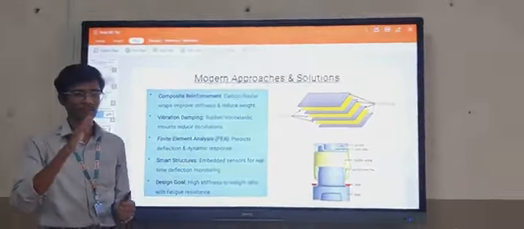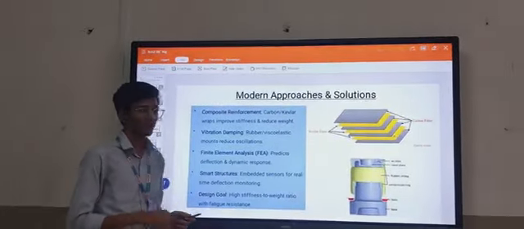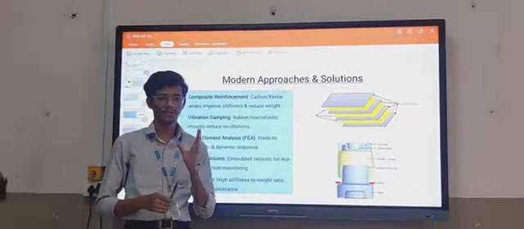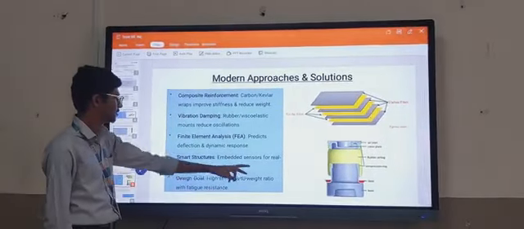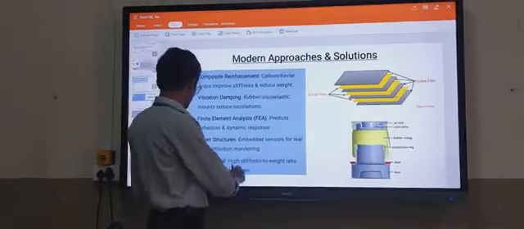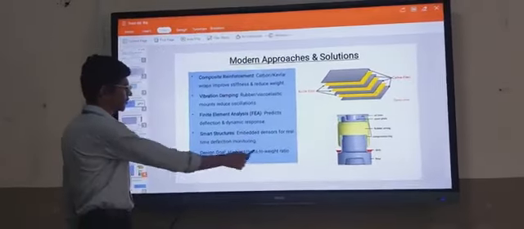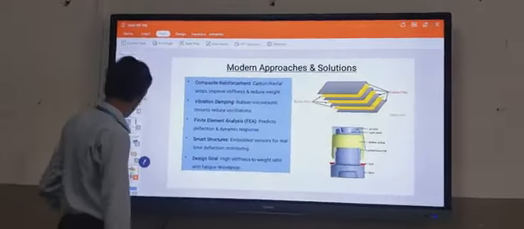The antenna oscillates in this way, so we can reduce the oscillation with the help of rubber. Also, in smart structures, there are sensors for real-time deflection monitoring. The design goal is a high stiffness to weight ratio with damping resistors.